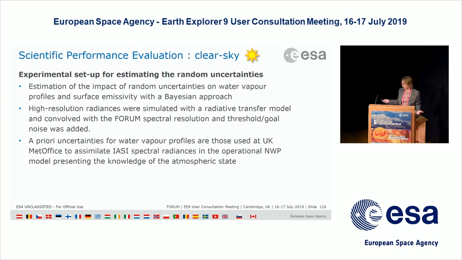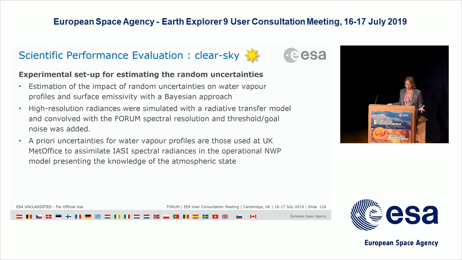And the a priori uncertainties that are considered here are the ones that are used by the UK Met Office to assimilate IASI spectral radiances in their operational numerical weather prediction models. And these basically represent our best knowledge of the atmospheric state.